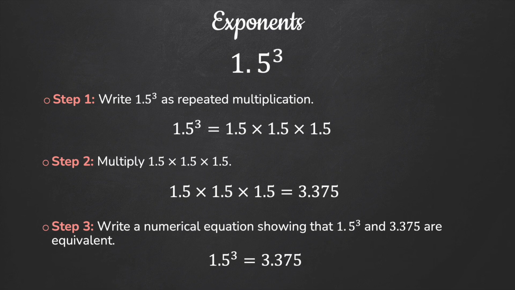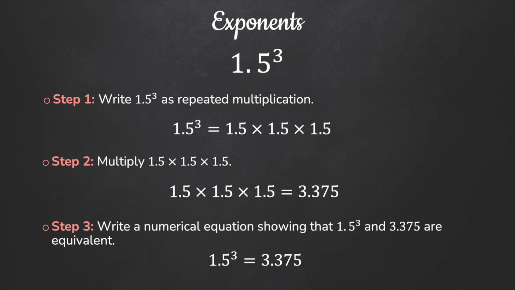So let's recap. We started off with 1 and 5/10 to the power of 3, or we could read that as 1 and 5/10 cubed. And then the first step was to write 1 and 5/10 cubed as repeated multiplication, meaning that 1 and 5/10 cubed is equal to 1 and 5/10 times 1 and 5/10 times 1 and 5/10. Then we're going to go ahead and multiply.